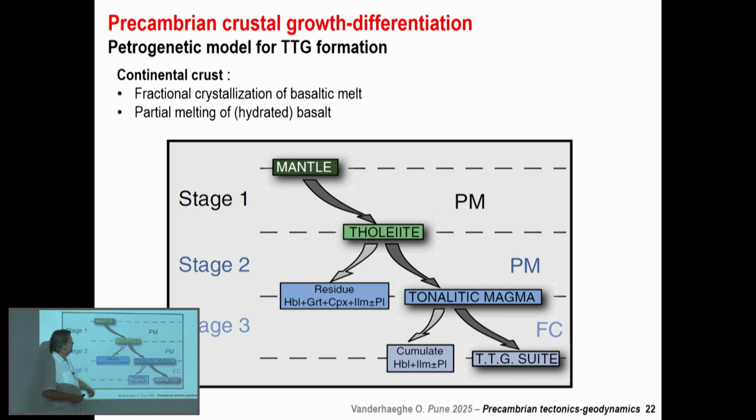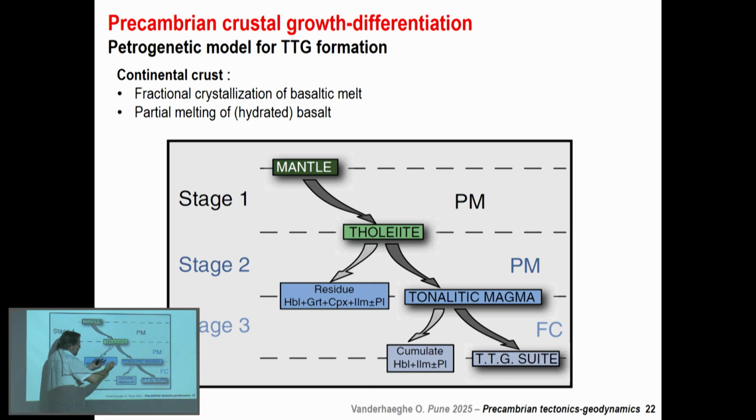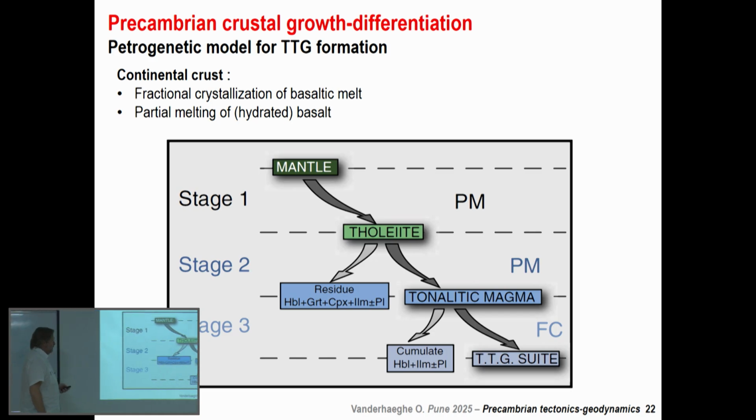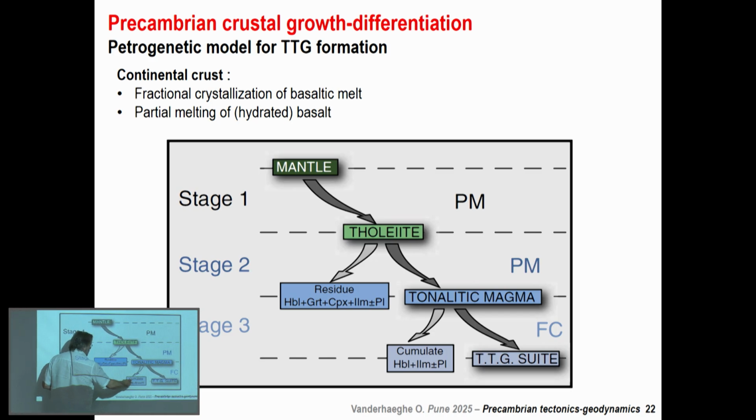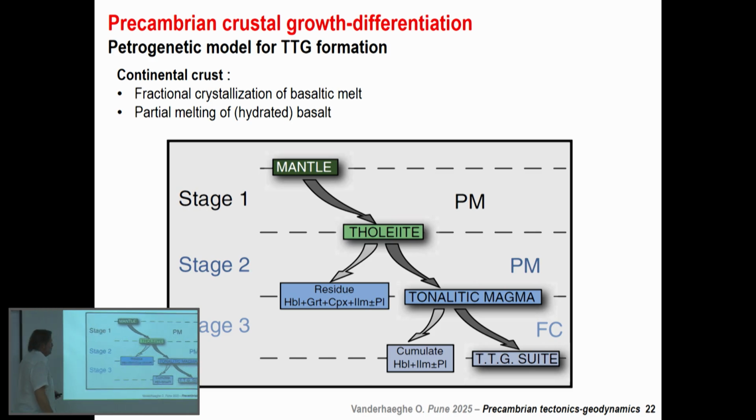Or it's a two-step story, which is represented here, in which first the tholeiite crystallized and then remelts a second time, producing a tonalitic magma with cumulate segregation of crystals and liquid that will lead to the full tonalite, trondhjemite, granodiorite suite. And cumulate of crystals will be enriched in hornblende, ilmenite, and plagioclase.